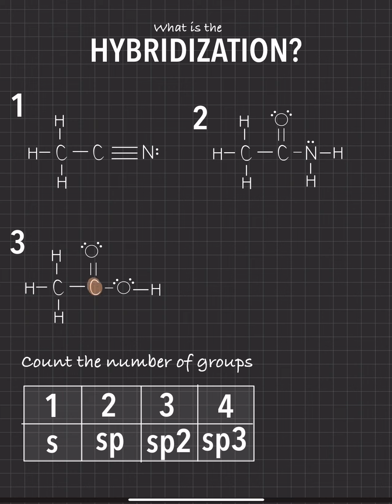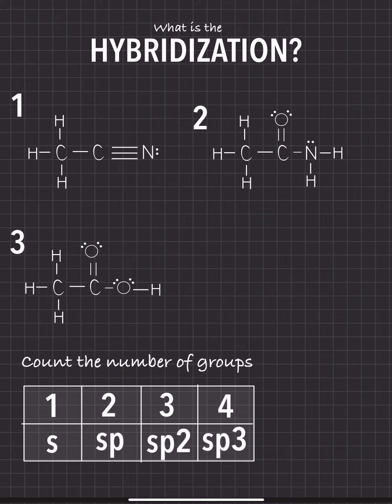If you go to this carbon, you have 1, 2, 3, it's going to be sp2. If you go to this oxygen, you have 1, 2, 3, it's going to be sp2. If you go to this oxygen, it's going to be different. You have 1, 2, 3, 4. You have 2 single bonds, and you have 2 pairs of electrons, so you have a total of 4 groups. So that oxygen is going to be sp3.